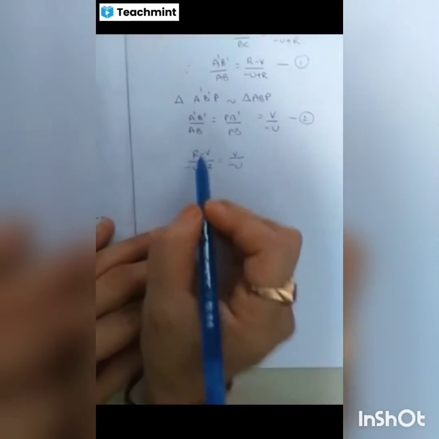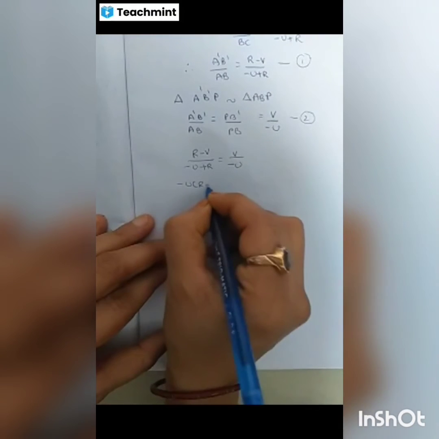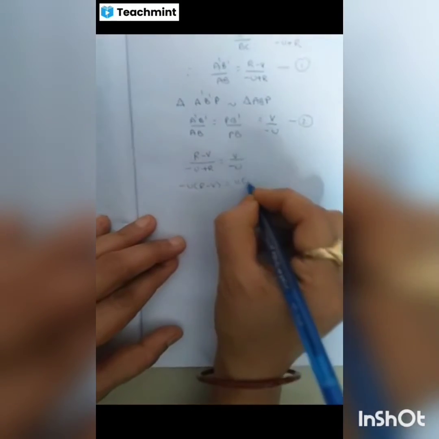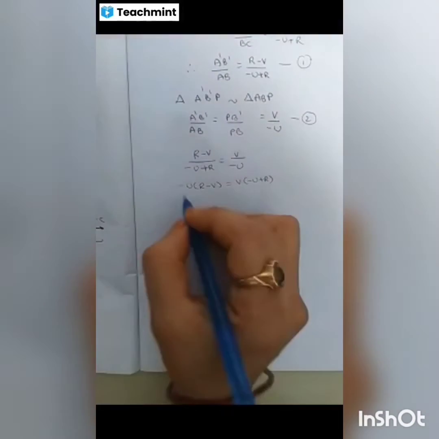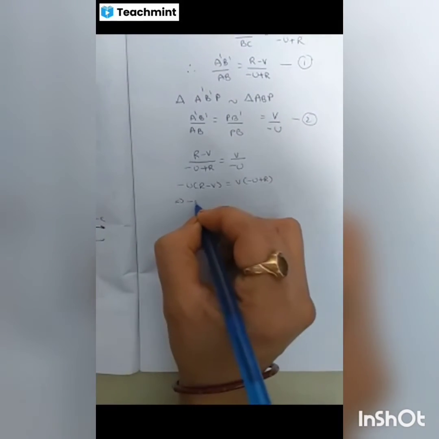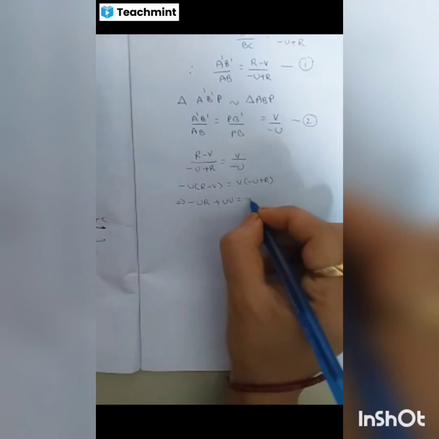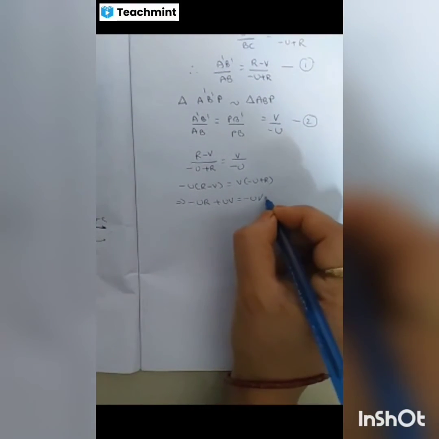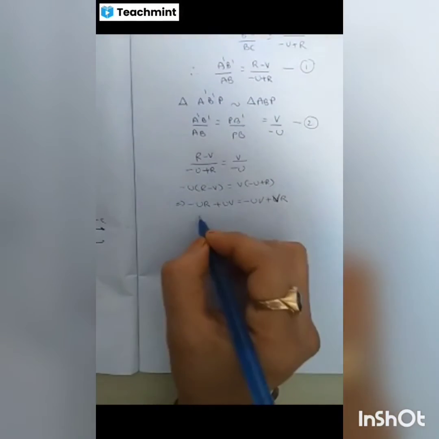Before that we'll simplify this. Cross multiply this. What we get? Minus U into R minus V is equal to V into minus U plus R. So we get minus UR plus UV, which is equal to minus UV plus VR.